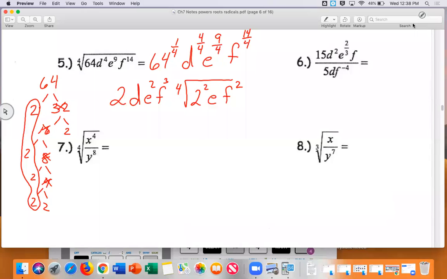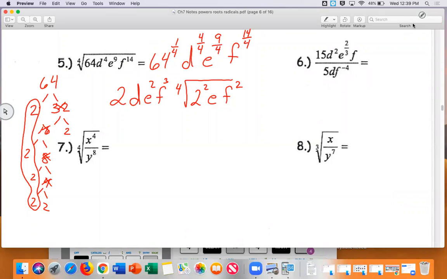Because Lance typed it in, he got this weird decimal, but we need to simplify it somehow. So if I break down 64, I'm looking for a number that is repeated 4 times. When Lance typed in 64 to the 1/4, he got 2 point something.